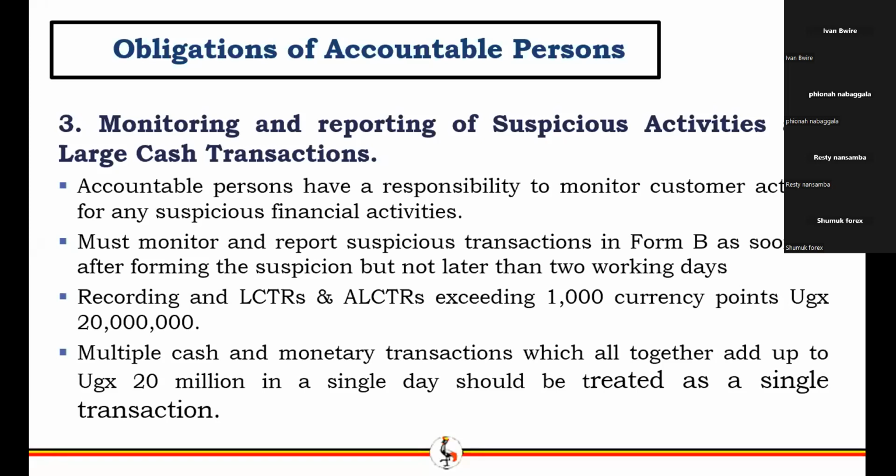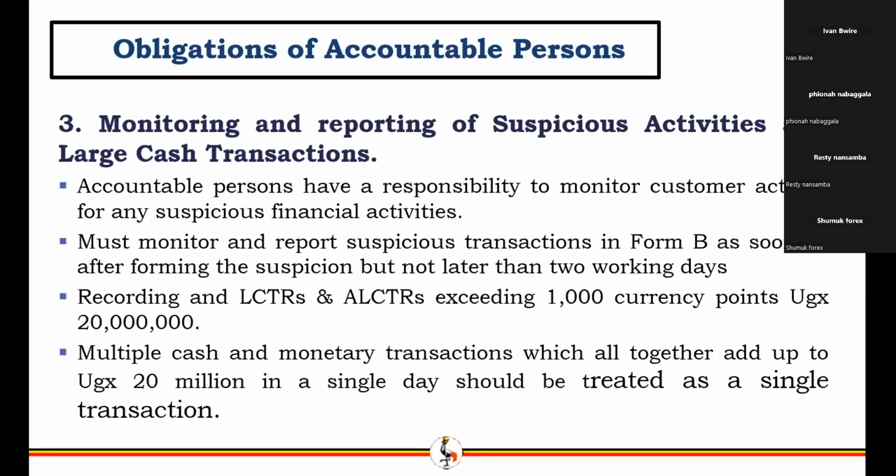So we've been talking about reporting obligations, and we mentioned that you're supposed to submit suspicious transaction reports and large cash transaction reports to FIA. To explain in detail what we mean by this, any transaction of your client that's equivalent to or more than 20 million shillings is supposed to be reported as large cash to FIA on a weekly basis.